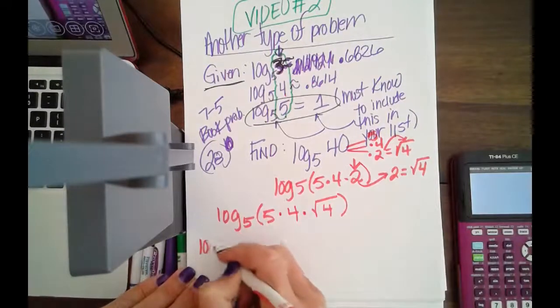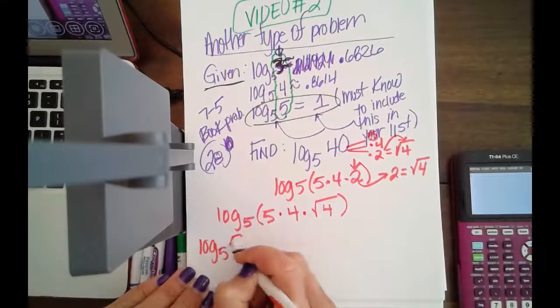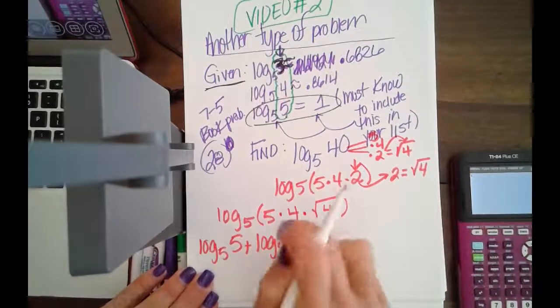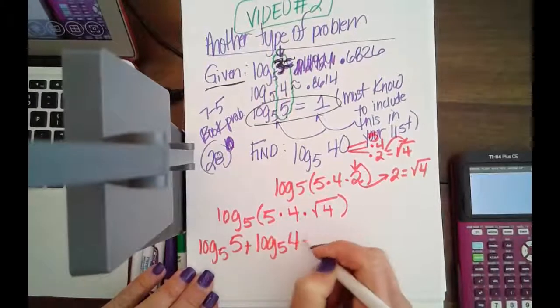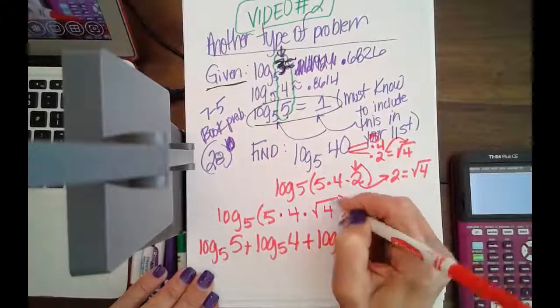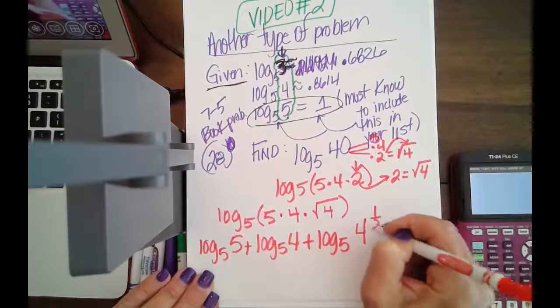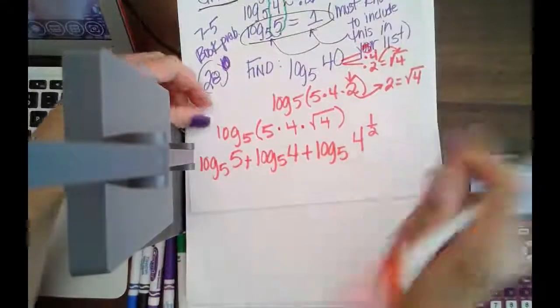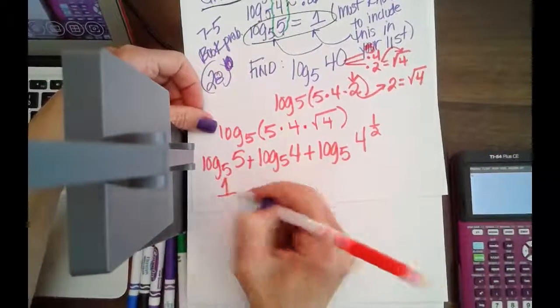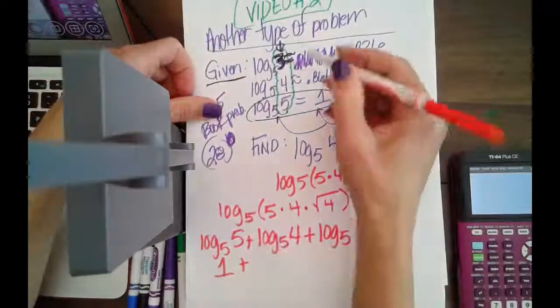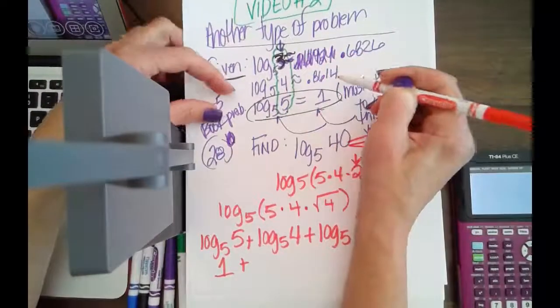So you're going to have log base 5 of 5, plus log base 5 of 4, plus log base 5 of the square root of 4, so you're going to say 4 to the 1/2 power, because that's the same thing as the square root. Alright, so then I know that turns into 1, okay, plus we have here, log base 5 of 4 is 0.8614.